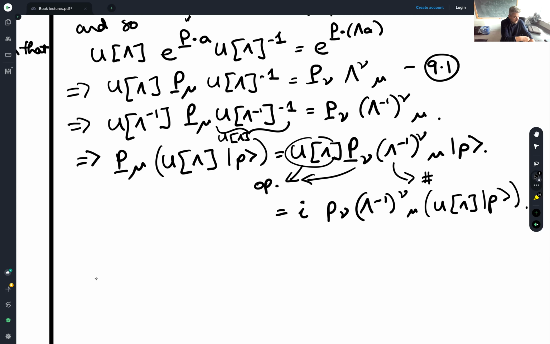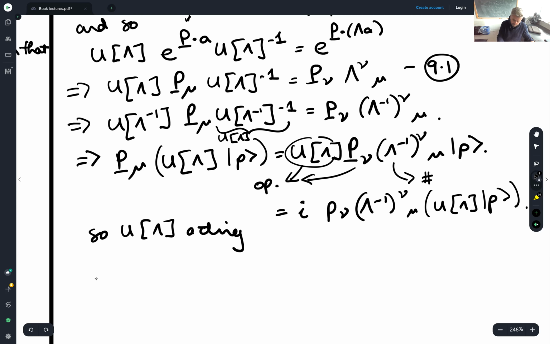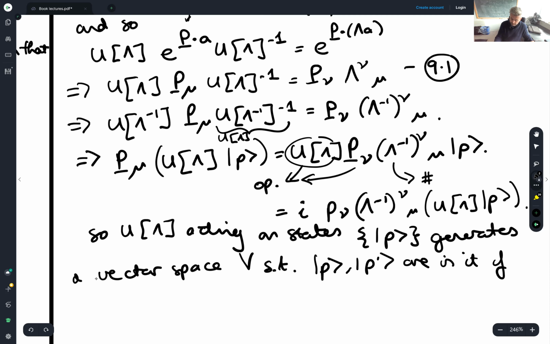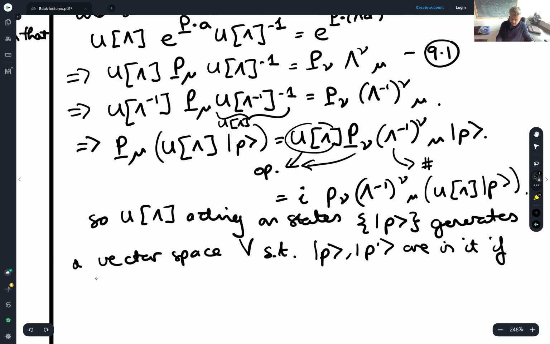So in other words, a Lorentz transformation U of lambda acting on a set of states which are labeled by p generates a vector space V such that p and p prime are in it if they're related by a Lorentz transformation.